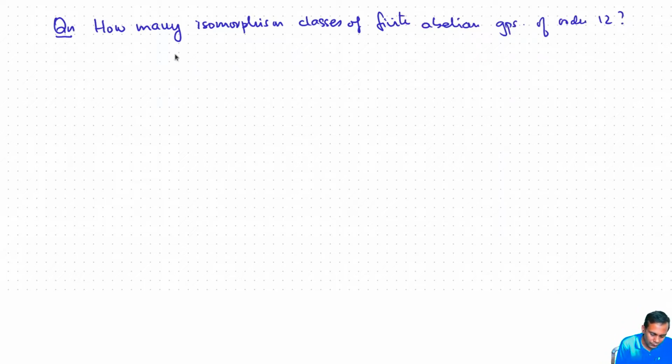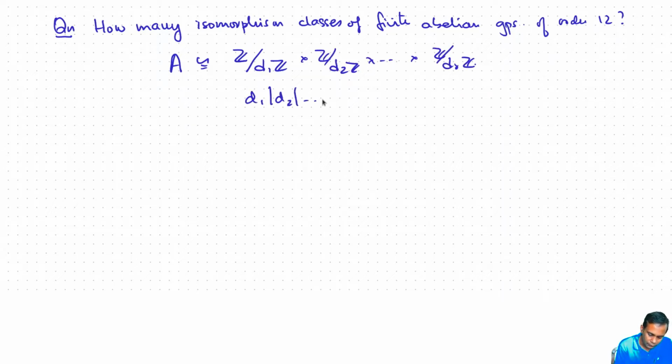So what we want is that A is going to be isomorphic to Z mod d1Z cross Z mod d2Z cross ... cross Z mod drZ, and what we have is that d1 divides d2 divides ... divides dr, and of course d1 greater than 1, and the order 12 condition says that d1 d2 ... dr is equal to 12.